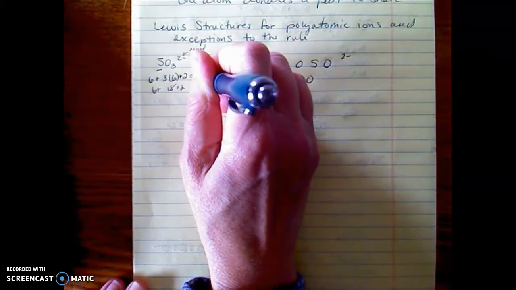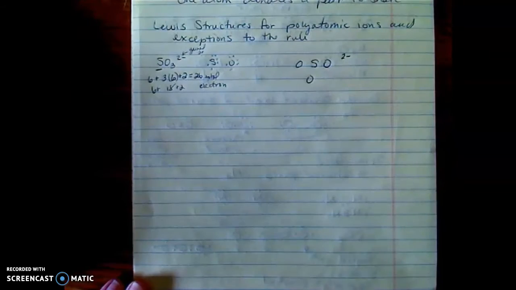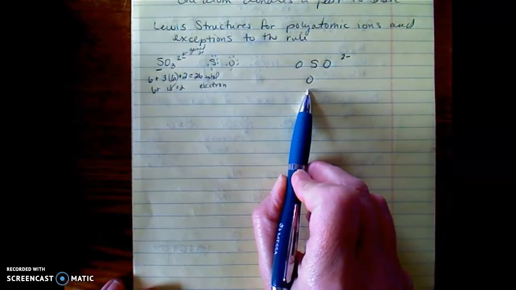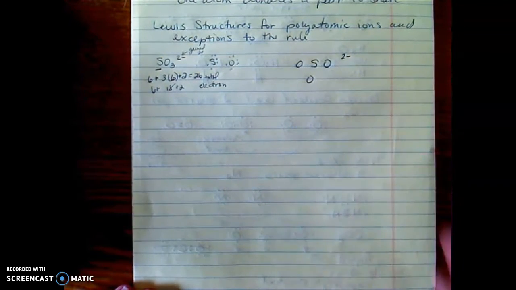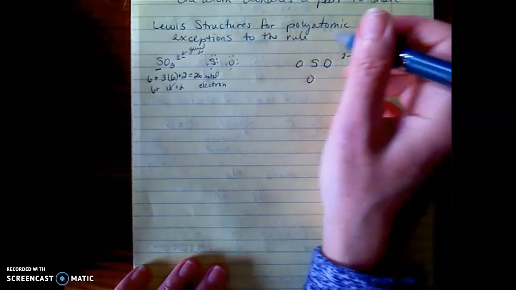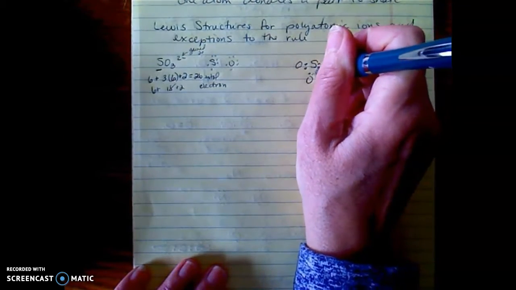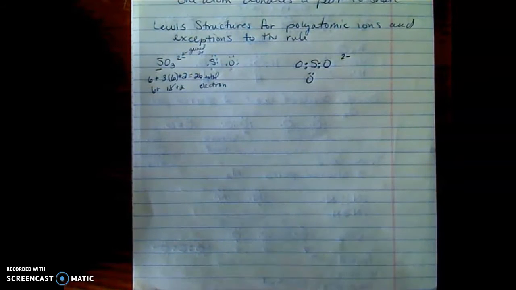Now remember, in an electron dot structure, your electrons are represented by dots. So we need 26 electrons around this structure. What you're going to do first is start with 2 for every bond. Every bond has 2 electrons. Then you're going to make sure that your central atom has 8.